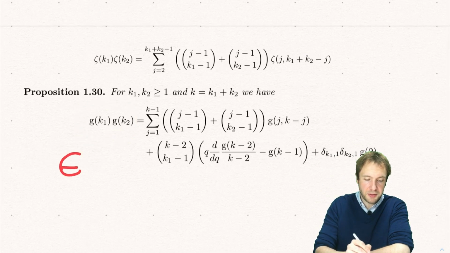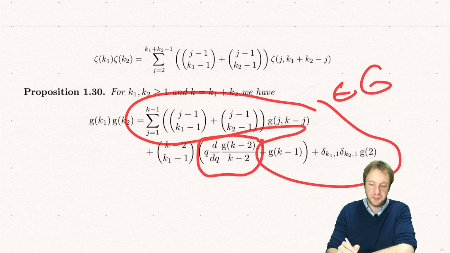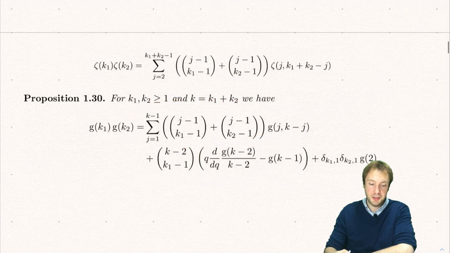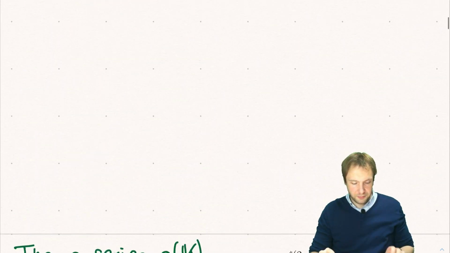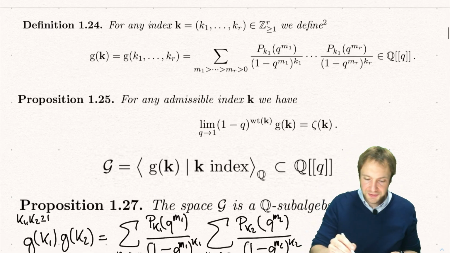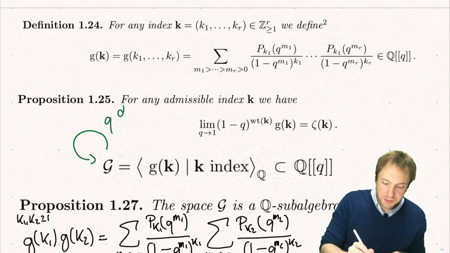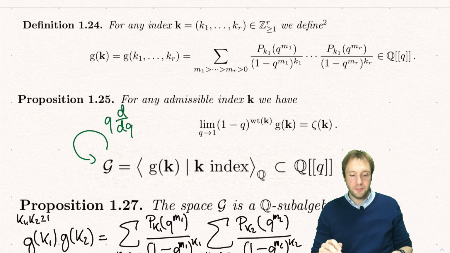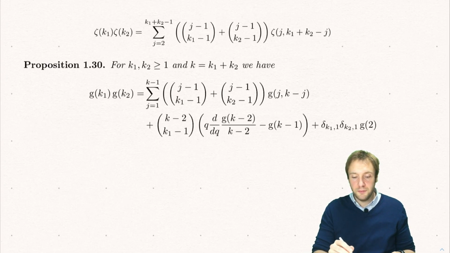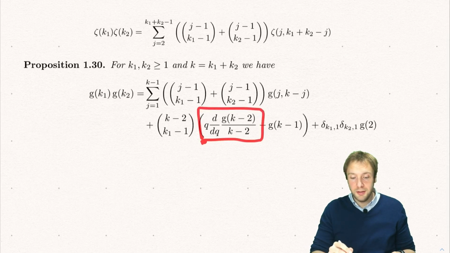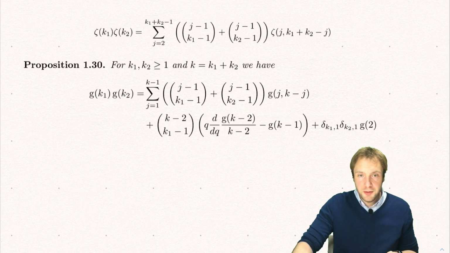So we know this is an element in G. The rest is an element in G. And therefore also the derivative in this case needs to be an element in G. And we will see later that this space G is actually closed under this operator d/dq. And this proposition, together with the other proposition, gives the proof for the smallest depth version. Okay.